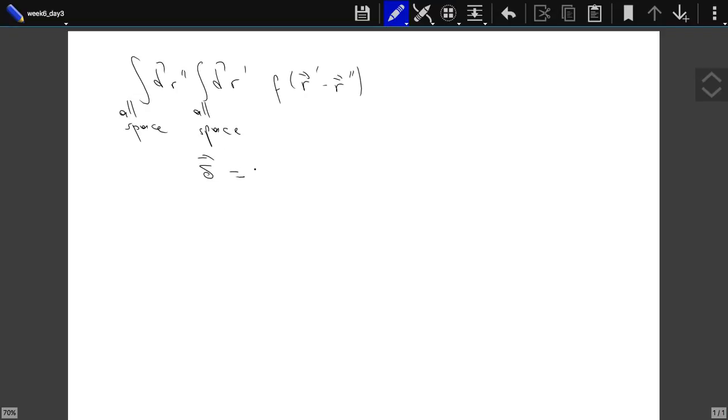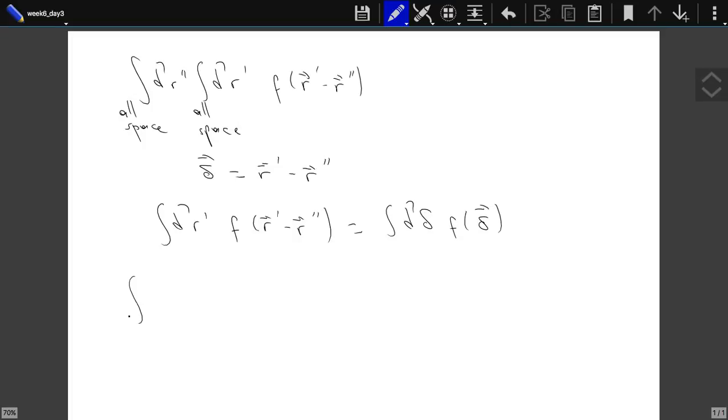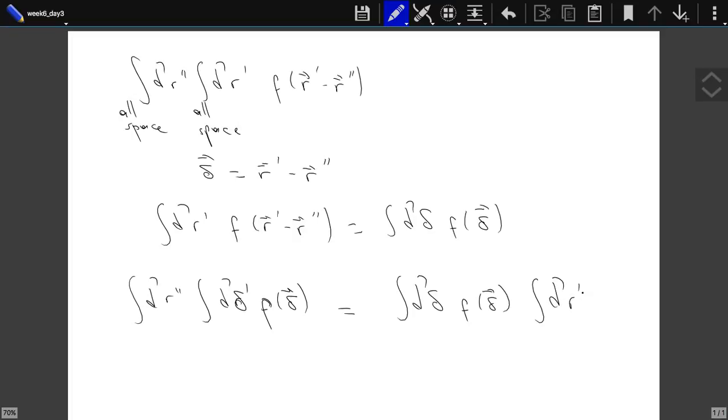I can define the delta vector to be r prime minus r double prime, so that d cubed r prime, f of r prime minus r double prime becomes, well, in this integral r double prime is a constant, so this is nothing but d cubed delta f of delta. Now I can put it back inside, d cubed r double prime, d cubed delta, f of delta. Now this is equal to d cubed delta, f of delta, d cubed r double prime. Well, we might have some other factors over here.